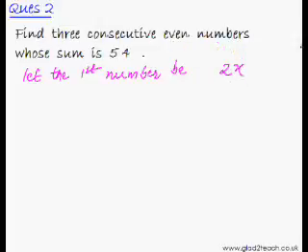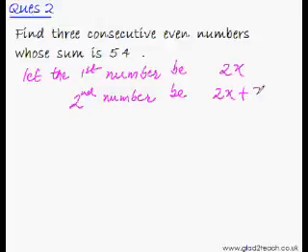See? Now, if the first number is 2x, then can you tell me what would the second number be? Yes, absolutely correct. It would be 2x plus 2. Like if the first even number was, let's say, 6, then the next even number would be 8.